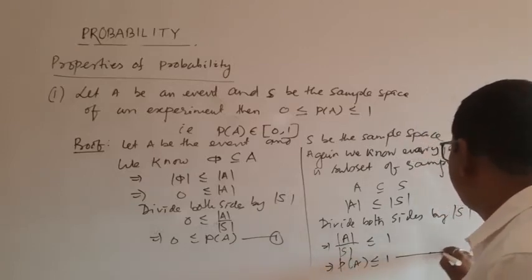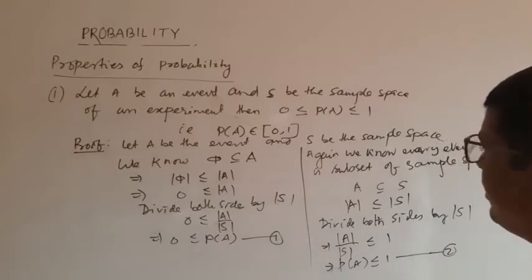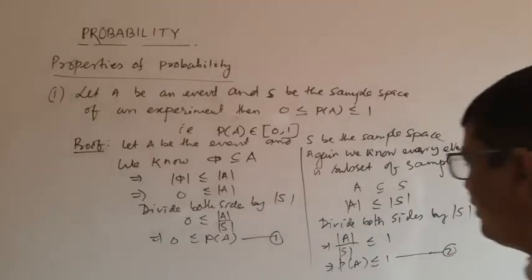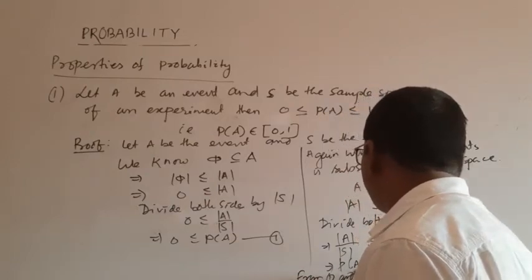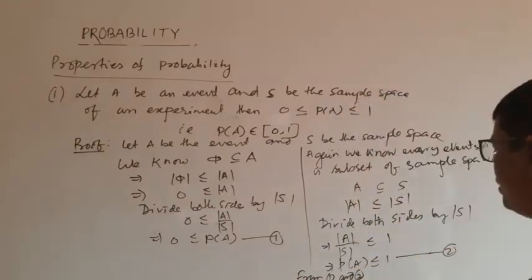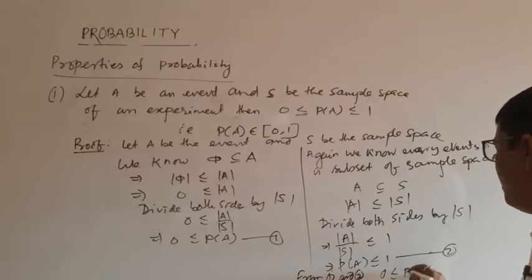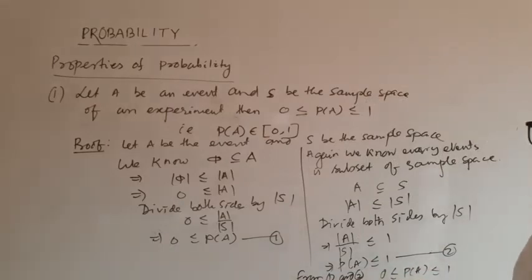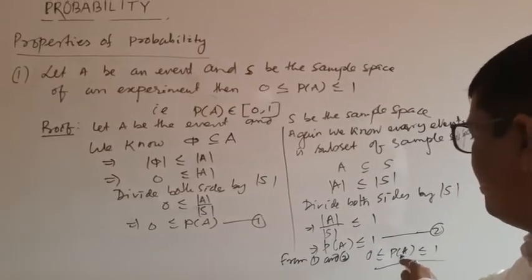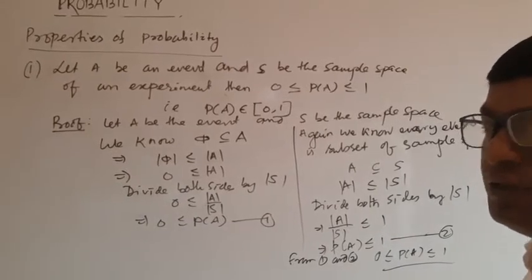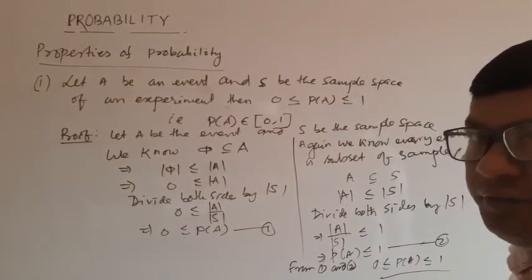This is equation 2. From 1 and 2 we get 0 is less than or equal to P of A, which is less than or equal to 1. This is proved. This is the proof.